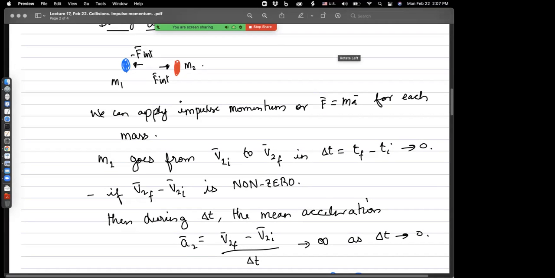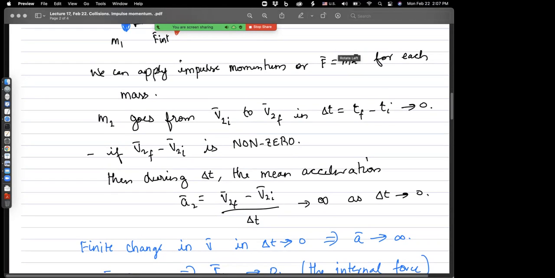Basically, you have a finite change in velocity in infinitesimal time, and that means that your acceleration has to be infinity, right? Because acceleration is the rate of change of velocity. If you can change velocity instantaneously, what happened during that instant is infinite acceleration, because that's the only way to change velocity.